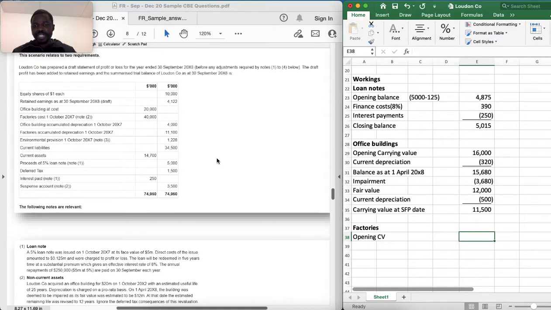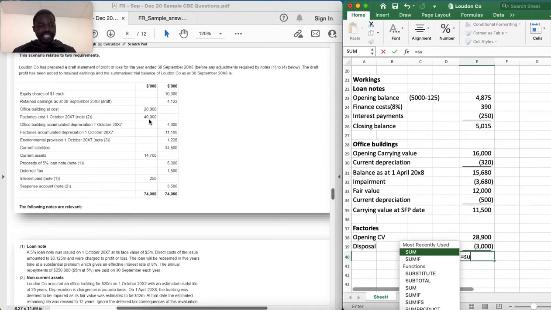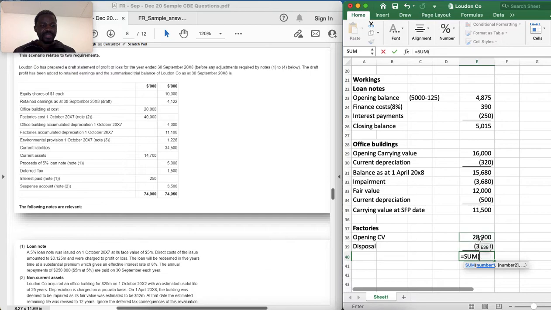We go to our trial balance. We have got 40,000 less 11,100. We get the carrying value as that one. Then there was a disposal at the beginning of the year. The disposal at carrying value of 3 million, which is 3,000. Then the assets that were left that should be depreciated is that much.